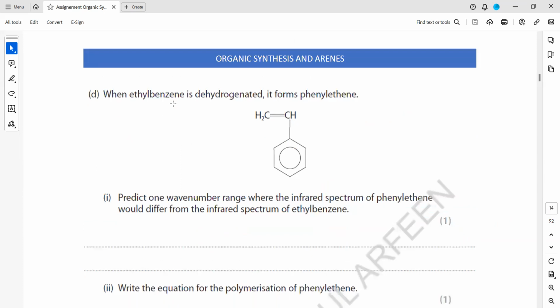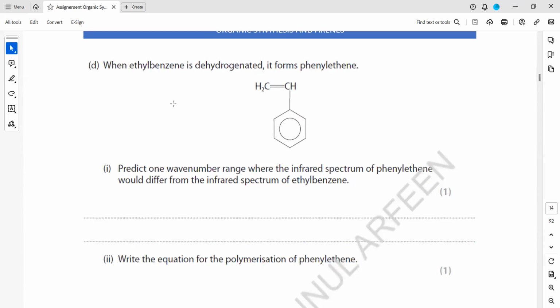When ethylbenzene is dehydrogenated, it forms phenylethene. If we dehydrogenate, it means we remove hydrogen and it turns into phenylethene. Predict one wavenumber range where the infrared spectrum of phenylethene would differ from the infrared spectrum of ethylbenzene.